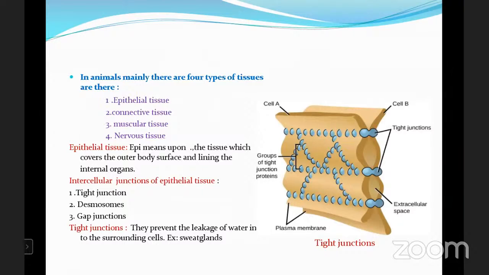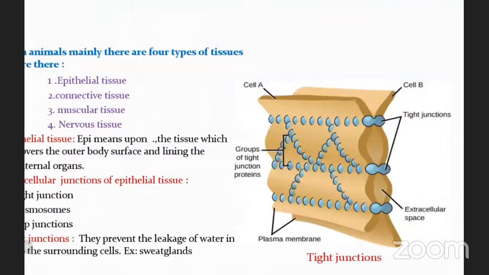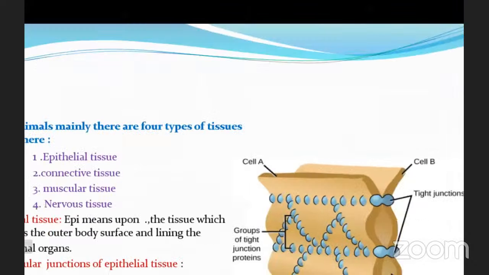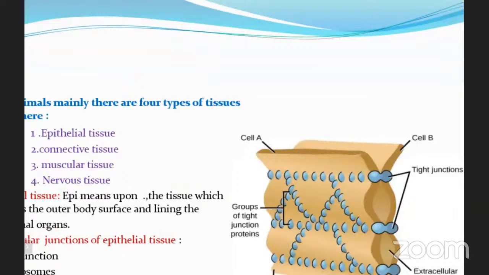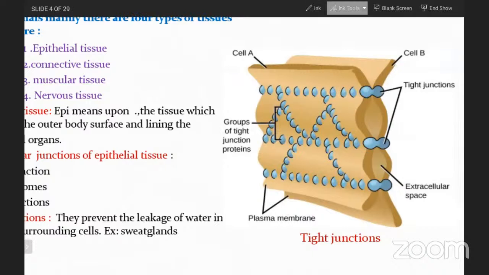First, let me explain tight junctions. So here in this picture, you are able to see the tight junction. Okay, here cell A and cell B. This is the cell B and this is the cell A. So here you are able to see the tight junction, which is a bonding, which is having a thick connection.